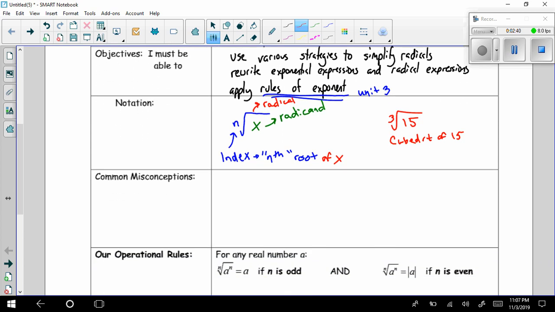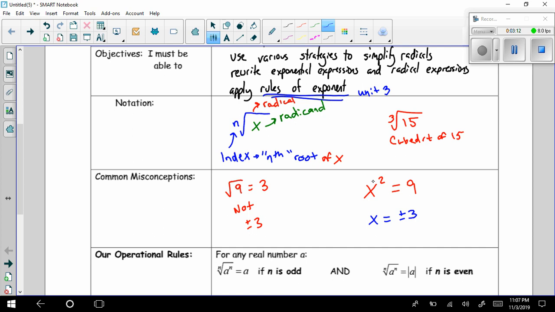Things that you need to watch out for. The square root of 9 is just 3, not plus or minus 3. Whereas the square root of x squared, so if x squared is equal to 9, that is when x is equal to plus or minus 3.